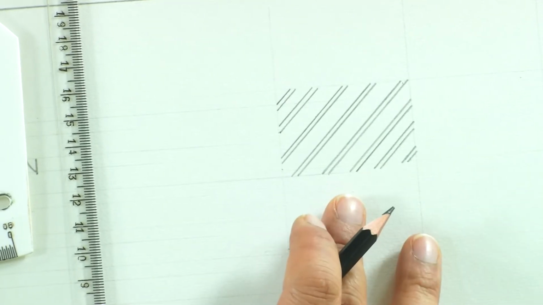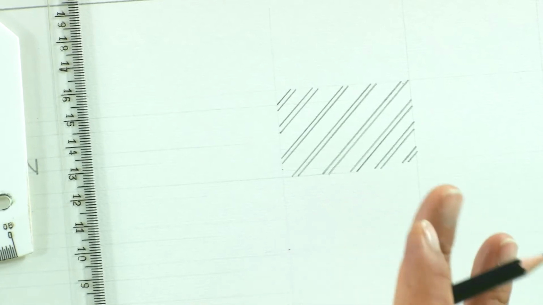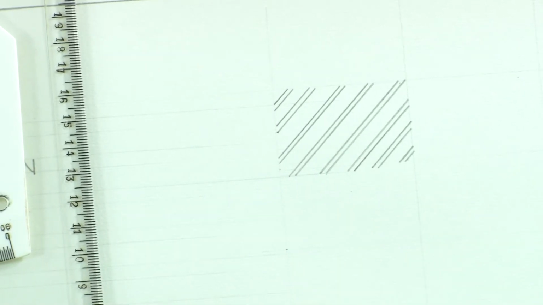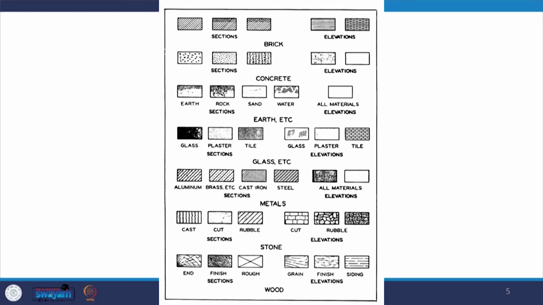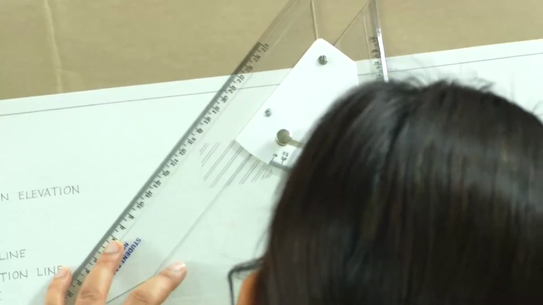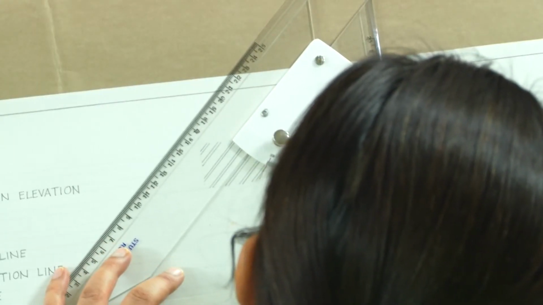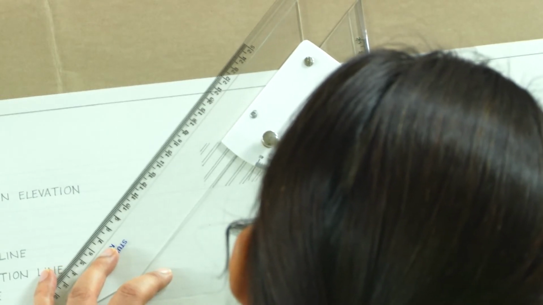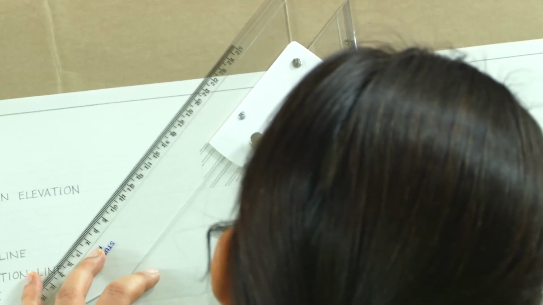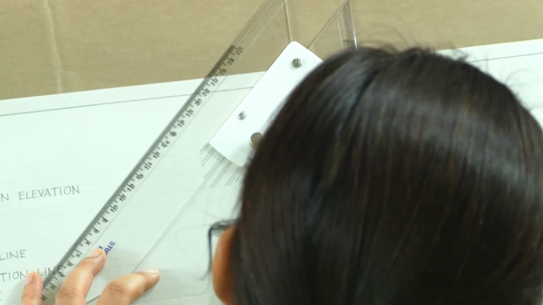Now, brick in elevation. Suppose we have an exposed brick where the pattern of the brick is going to be seen. In that case, we will just have equidistant lines. We will draw the pattern as would be seen in elevation. That is the simple representation of brick in elevation.